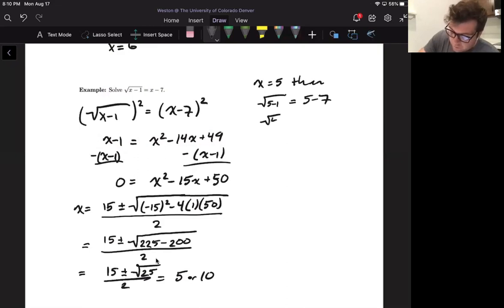So that'll be then the square root of 4 equals negative 2. And in these problems, it's usually convention that we assume that this square root is positive. So we would have 2 equals negative 2, which isn't valid.